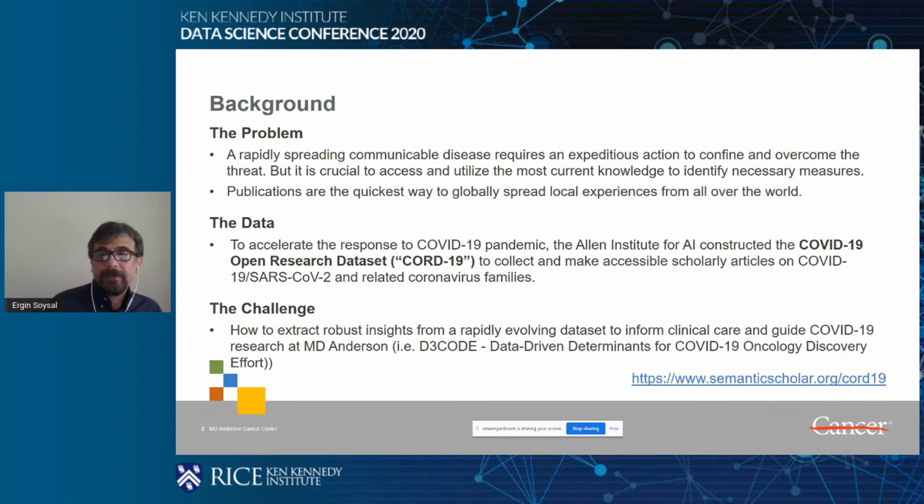For that purpose, as the initial use case and data for proof of concept, we picked a well-maintained COVID-19 dataset, namely CORD-19, which is maintained quite frequently by the Allen Institute for AI.